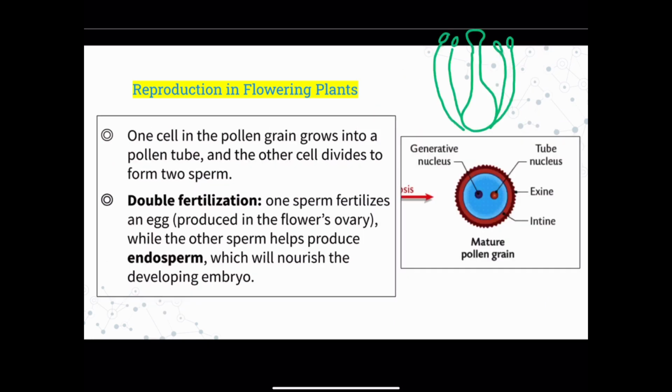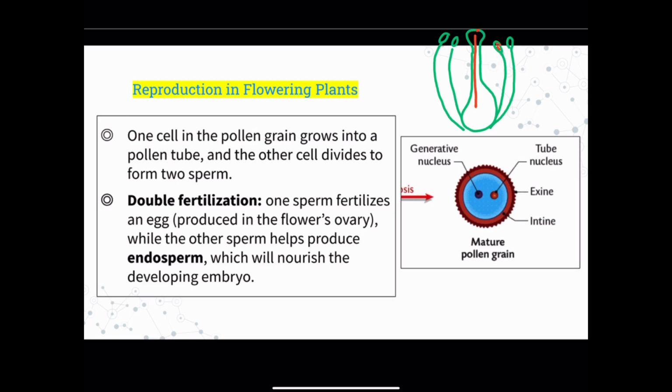So again, let's say I have red pollen, and when my red pollen touches the style at the tip of my plant, one cell in the pollen grain grows into a pollen tube. A tube will form all the way up this style. The other cell divides into 2 sperm.